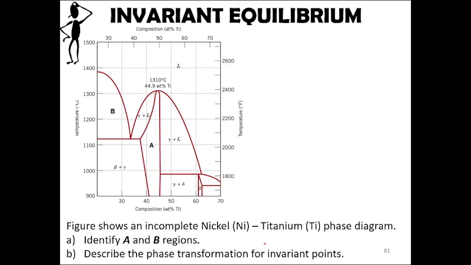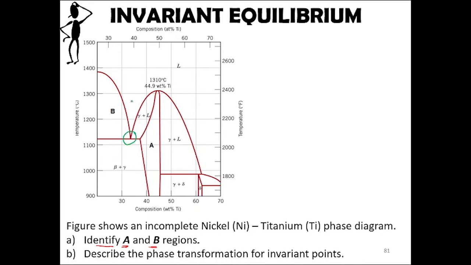We try another example. The figure shows an incomplete nickel-titanium phase diagram. The question is: identify the A and B regions. For region B, we can see the invariant point occurs over here.